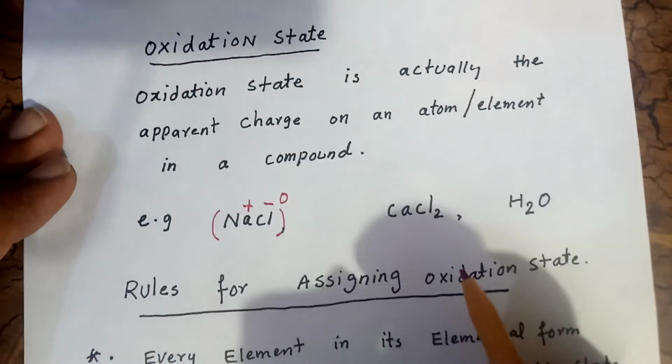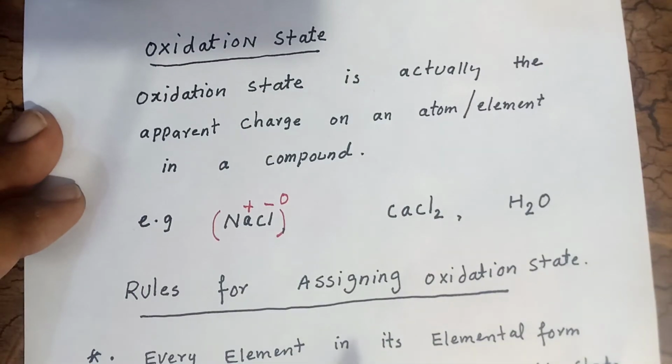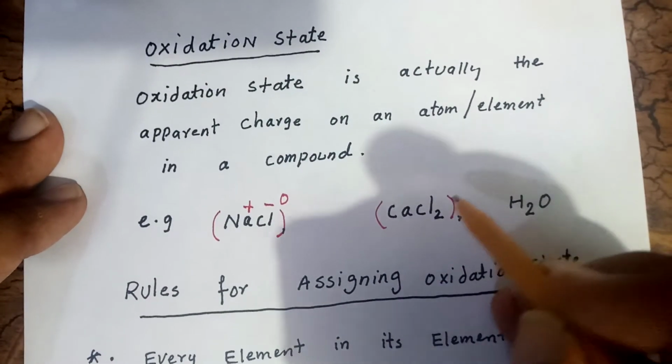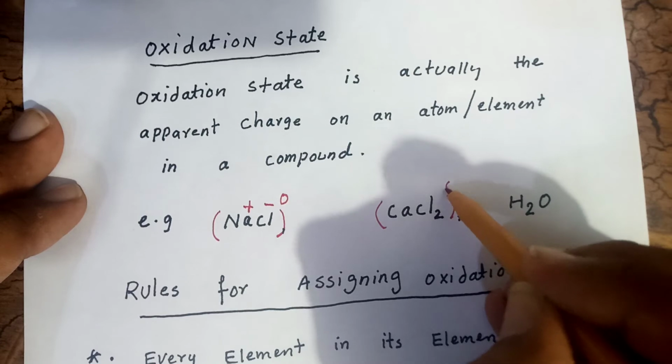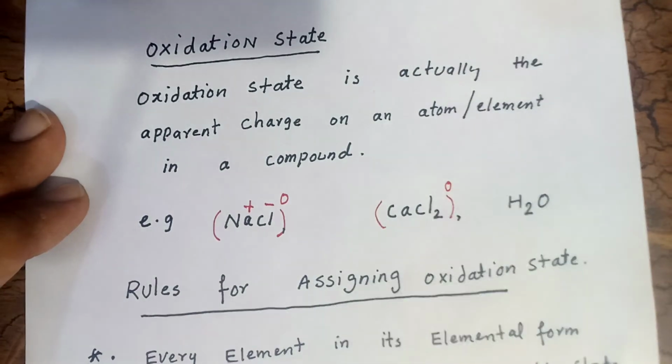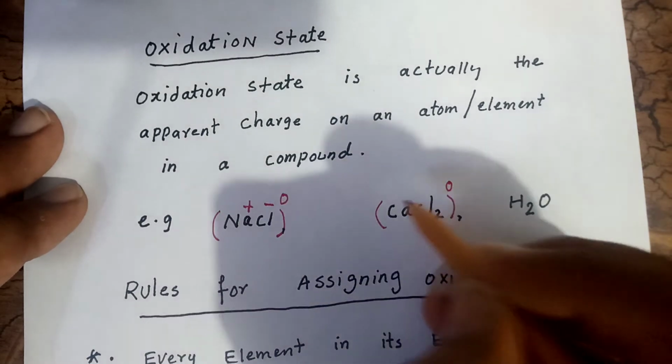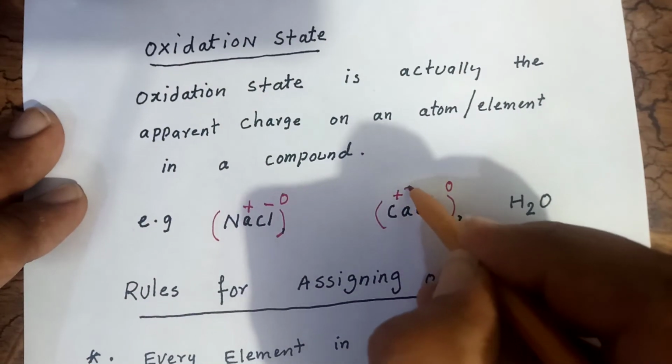Now look at calcium chloride. As a whole, calcium chloride is neutral. It has no charge. Inside this calcium chloride, we know that calcium belongs to group 2A elements, and group 2A elements always have the oxidation state of +2.